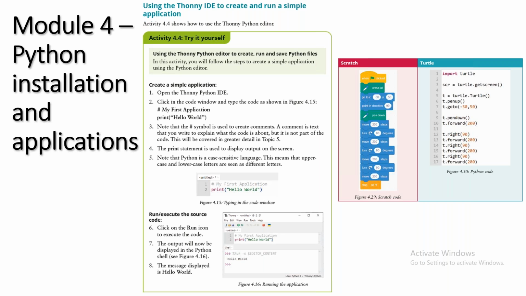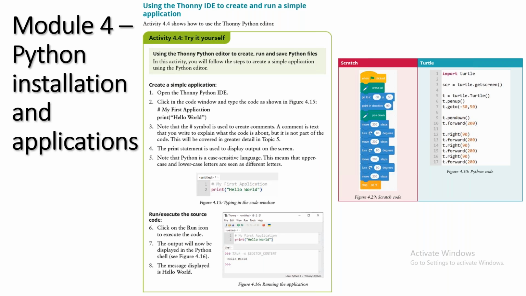What we also do in this module, apart from installations and introducing them to Thonny, is programming with Python's Turtle. Turtle is used for drawing. We do drawing in Scratch. And so here, when it comes to Turtle, we've shown quite a few examples where we've given them the Scratch code, and then we've also given them the Turtle code as well.